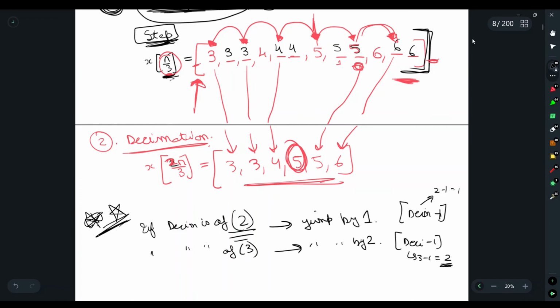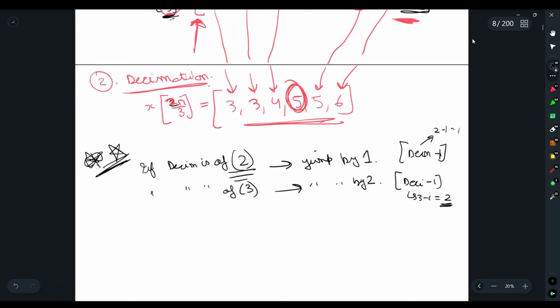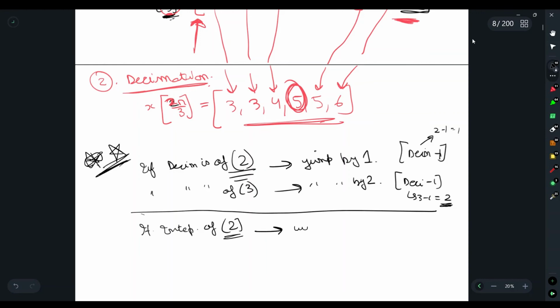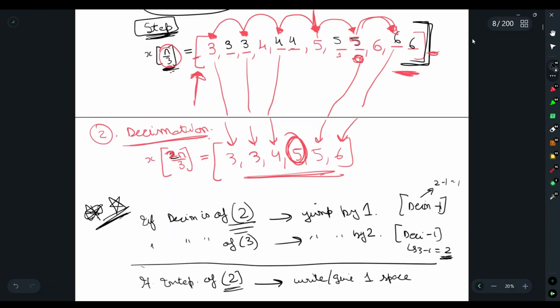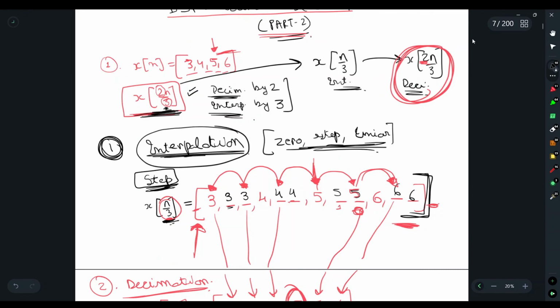And similarly for interpolation, if we have to do interpolation by 2, then we will give one space, or the spaces that we make before we proceed with the question. That is the spaces that we make.